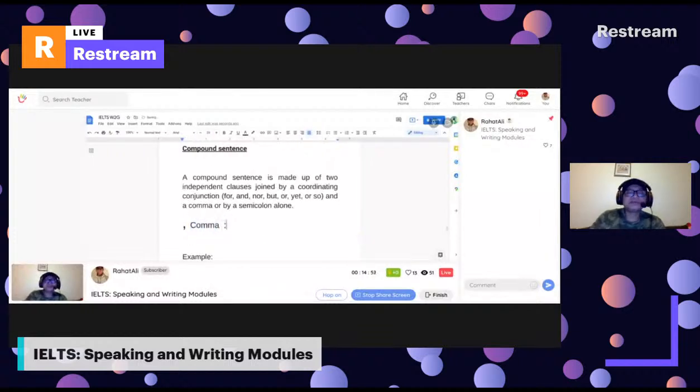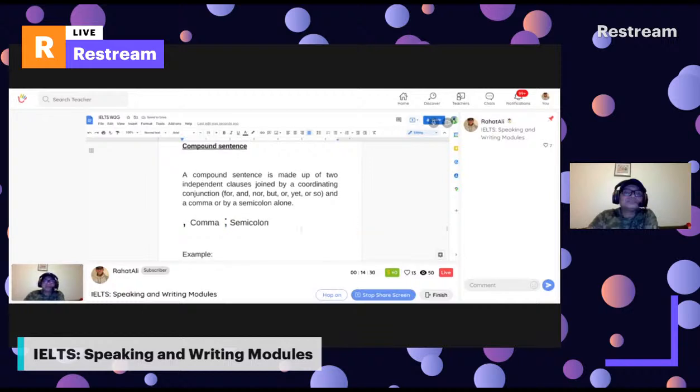And this is a semicolon. Semi means half, and this is a colon, which is like two dots, one up and one down.